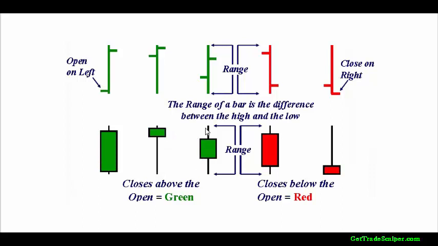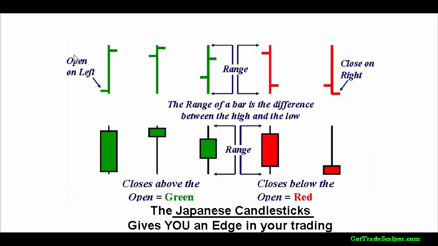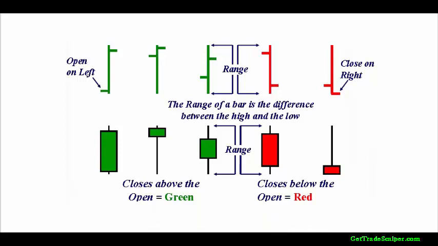Open, high, low, close. Now, on the bearish side, you had the open here, the high here, the low here, and the close here. The open here, high here, low here, and close right where the low is. And so from a visual perspective, you can see that the Japanese candlestick gives you an edge over the regular bars. You see that?